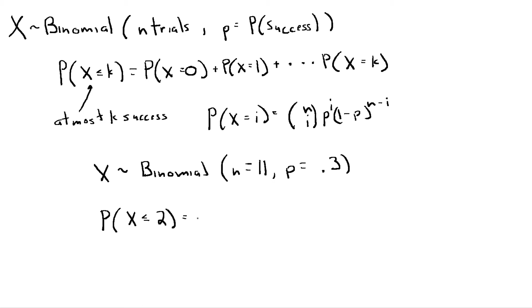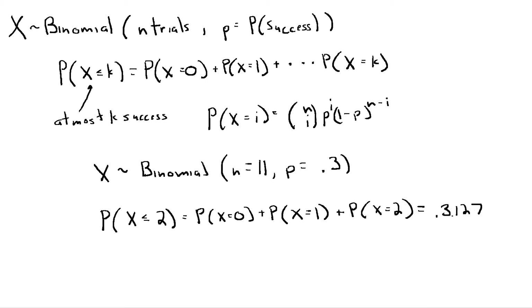Well, the long way would be to go, that's the probability that we have no successes, plus the probability that we have 1 success, plus the probability that we have 2 successes. We stop at this case because k is 2. Now using the binomial PDF over and over again, we'd find out that that probability is 0.3127.